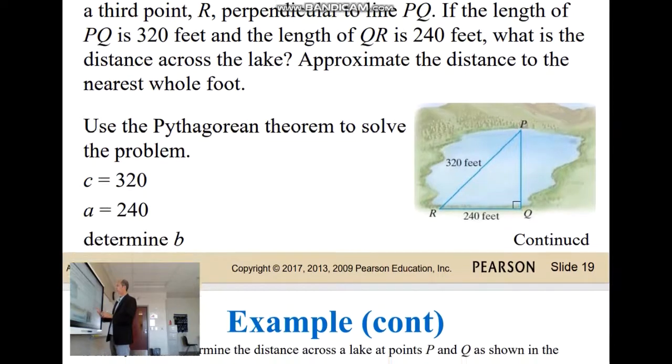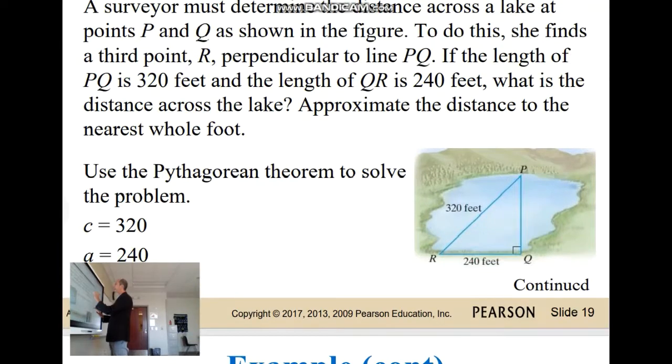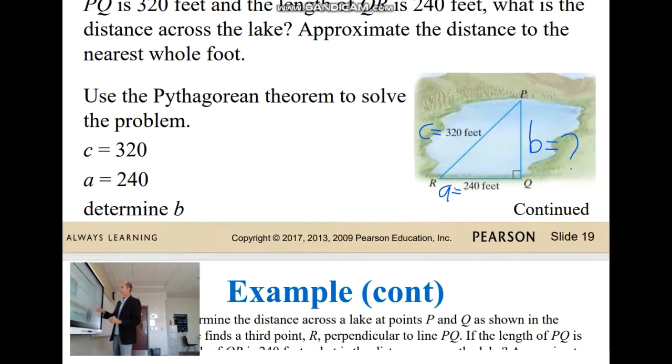So let's use the Pythagorean theorem to solve the problem. C is 320. We can see this in the sketch here, right? C is going to be 320. We can say A equals 240, and we need to find B, right?